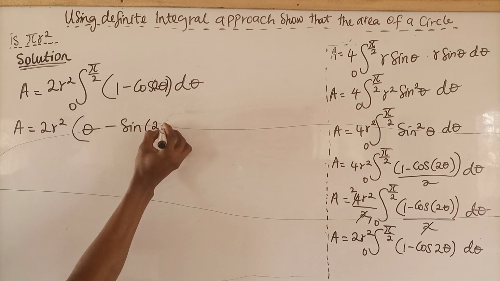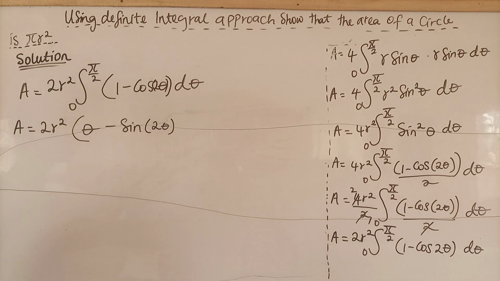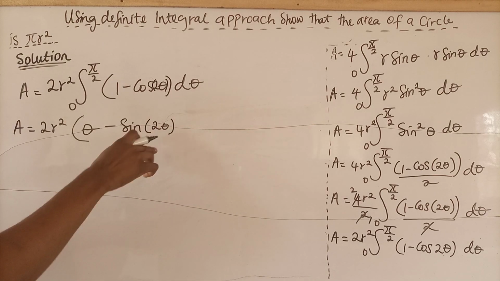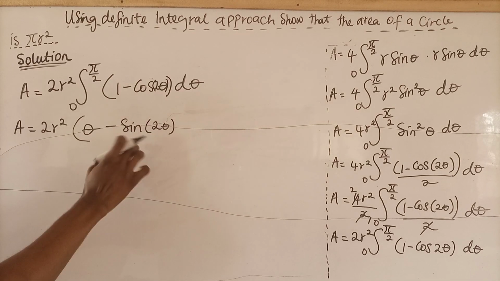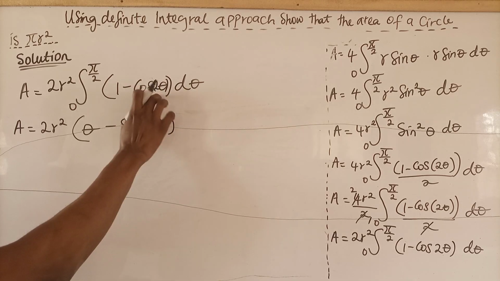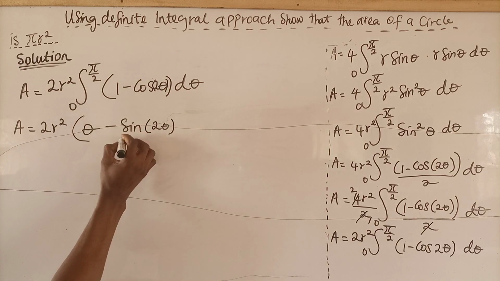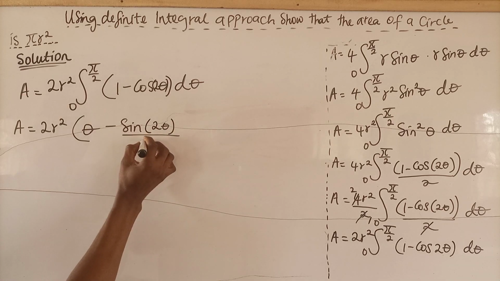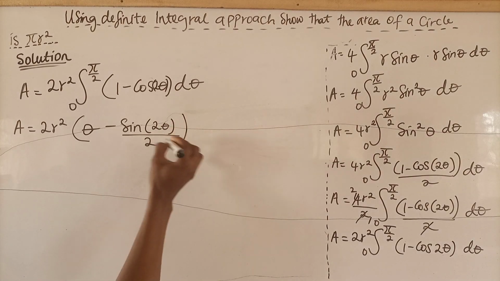Sine 2 theta. Remember, this is a function inside another function, so we are going to apply the chain rule. We integrate cos, it gave us sine. So we differentiate this 2 theta now, it's going to give us 2. So we are going to divide by the derivative, over 2. So bracket close.